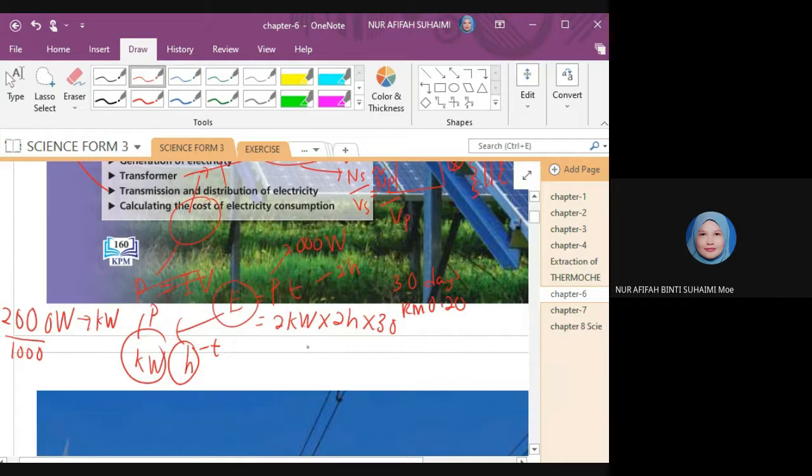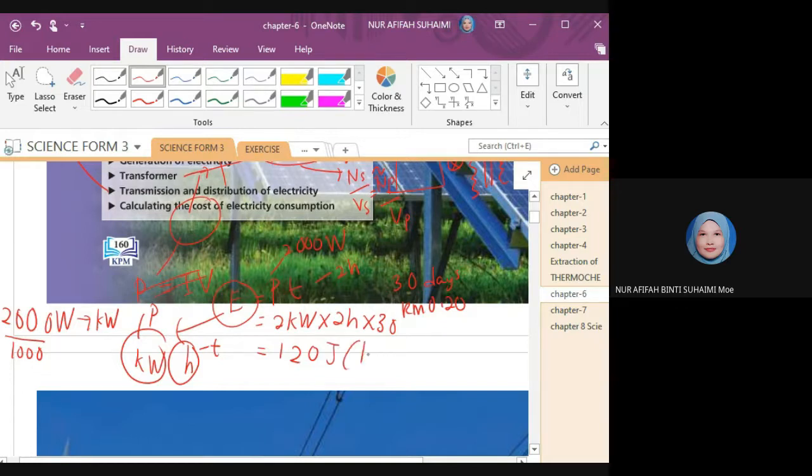30 times 4. 120. Is it 120? 120 joule, or kilowatt hour.